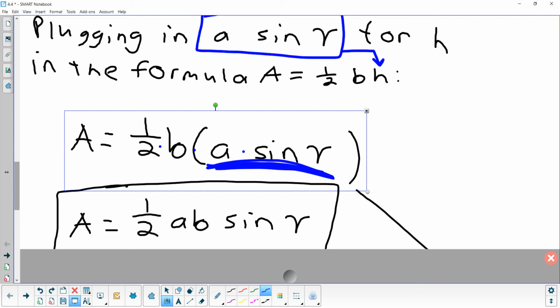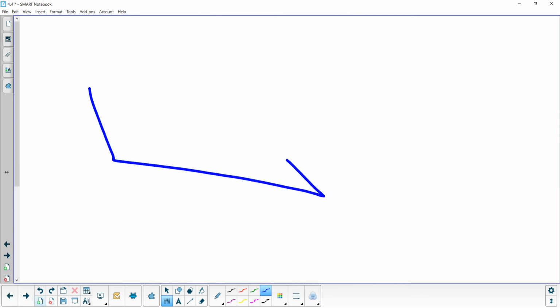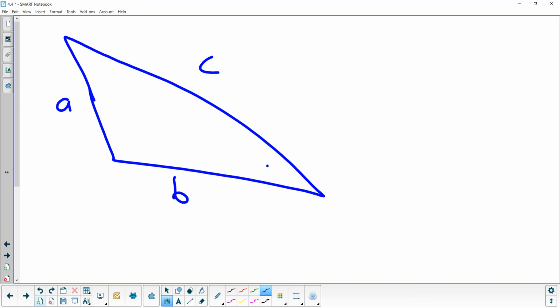Now, what I want to look at is the pattern there. So let me draw just a general triangle: A, B, C, alpha, beta, and gamma. Okay, Cassidy, what's the formula we just came up with?